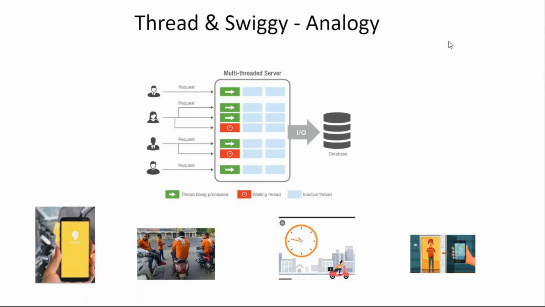So what Swiggy will do is, they will just employ, say, 10 or 20 people in the peak hours, and maybe in the non-peak hours, they will have just 4 or 5, right? More of a part-time. That's how they handle the peak hour request and the non-peak hour request. Okay, so that's a typical life cycle of a Swiggy delivery channel.